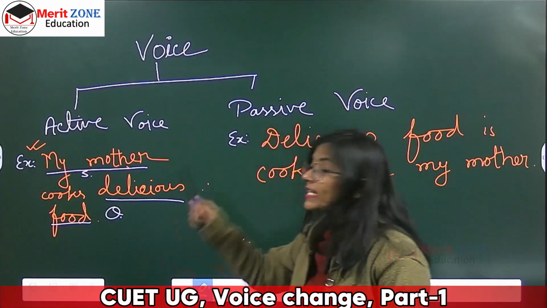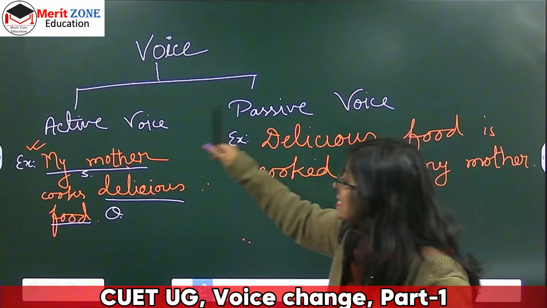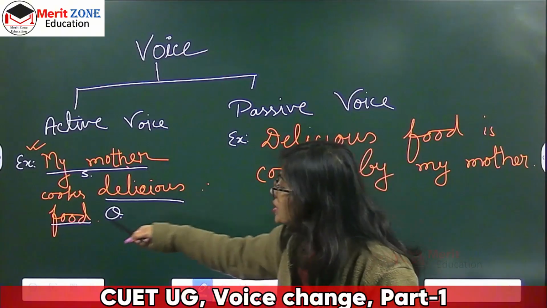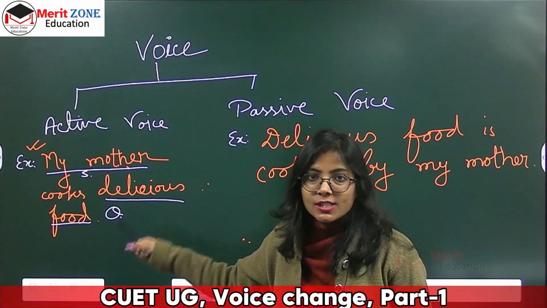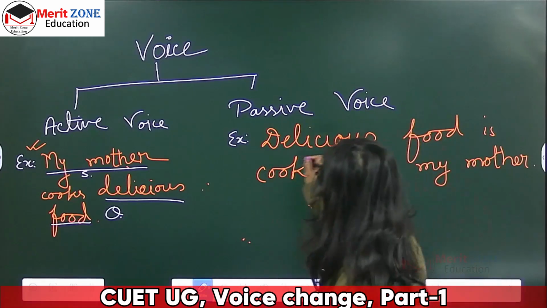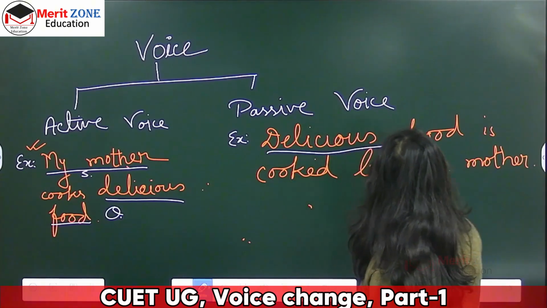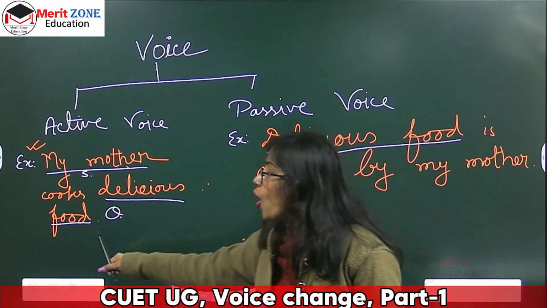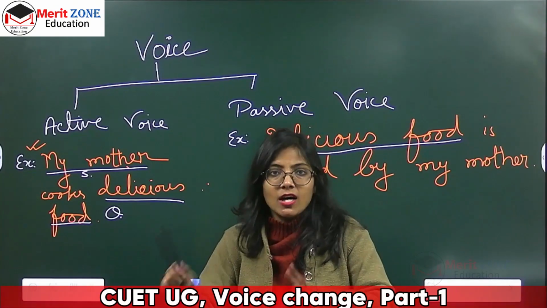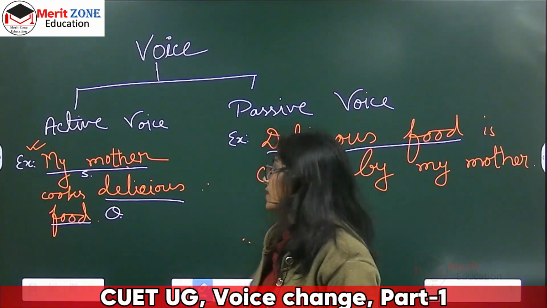But now look at this sentence in passive voice. Exactly the order has been changed. Delicious food, which was object in the sentence, that has become subject in passive voice. So passive voice में हम पूरा formation change कर देंगे. How? Object आ जाएगा subject की जगह और subject चला जाएगा object की जगह. So it will completely be topsy-turvy in its formation.